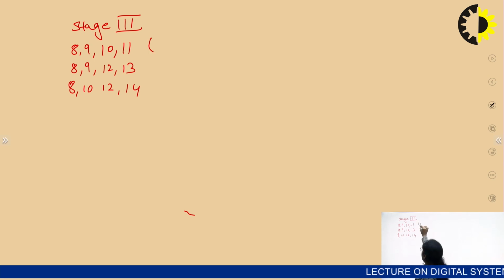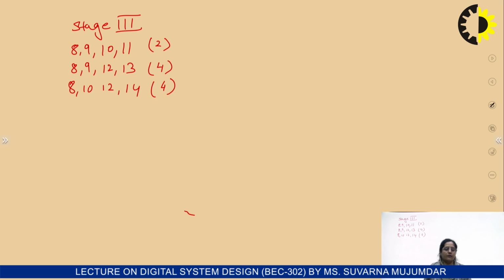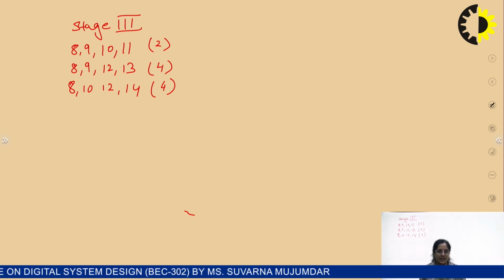So between group 1 and group 2 the difference is 2. Here the difference is 4, and here again the difference is 4. So a difference of 4 means that in stage 3 we have dash lines in two positions, the initial one and the next one.